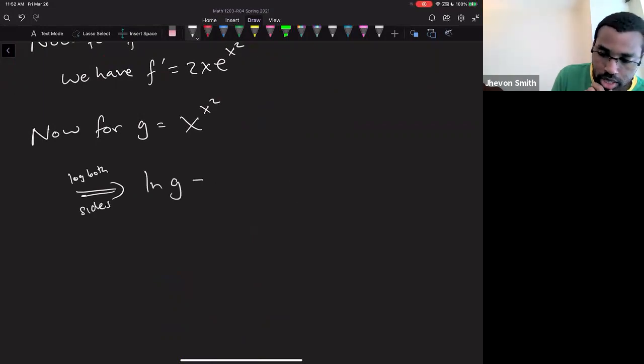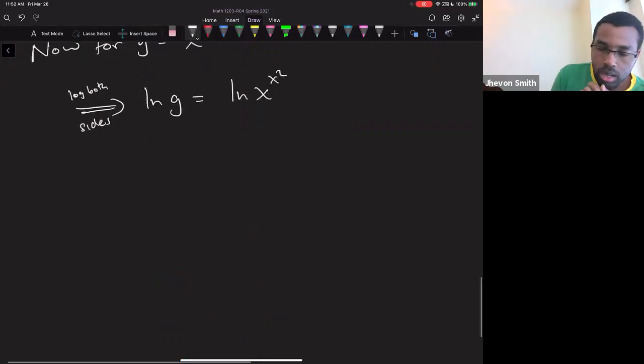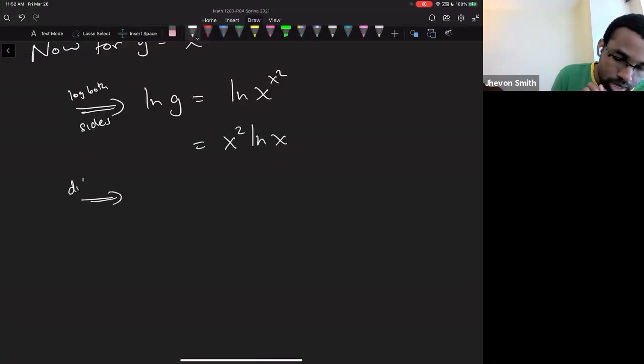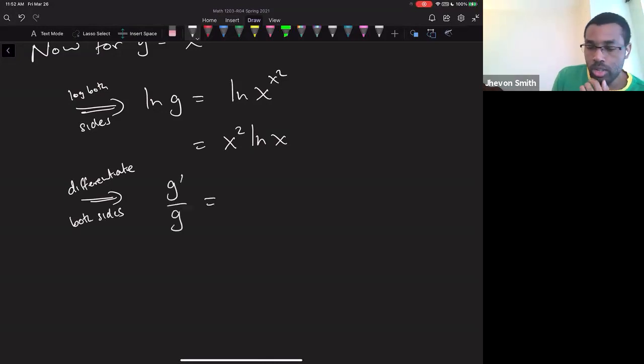So I have ln of g equals ln of x to the x squared. That allows me to bring this x squared down. And so now I can differentiate both sides. Derivative of ln g is g prime over g. Derivative of this guy is going to be the product rule.